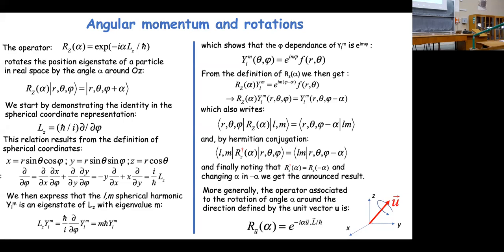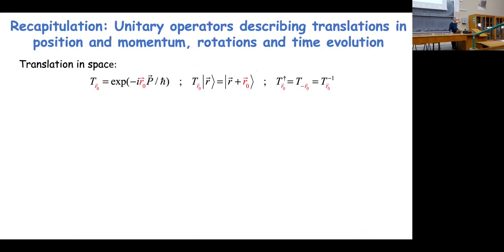And this is what is expressed by saying that the angular momentum is a generator of rotation. You take an exponential of the angular momentum and you can compute the operator which performs any rotation you want on the system.